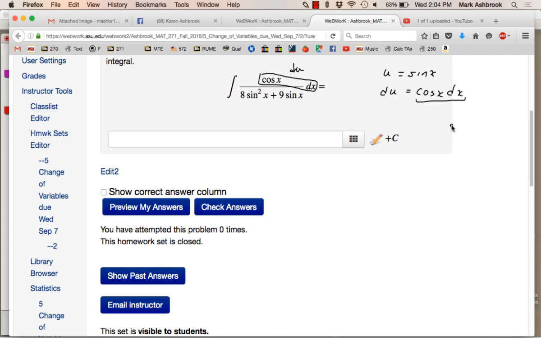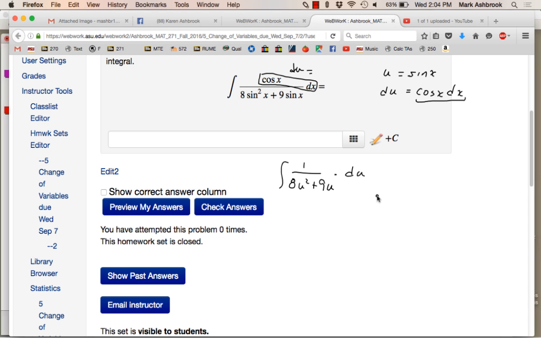So rather than solve for dx and then have this cosine, in which it would work, but if you tried to change the cosine x into u, then you'd be down a rabbit trail that wouldn't be good. So the easiest thing to do here is you get this cosine x dx and just recognize, oh, there it is right there, cosine x dx, and that's equal to du. So then what you have is 1 over 8u squared plus 9u times du.